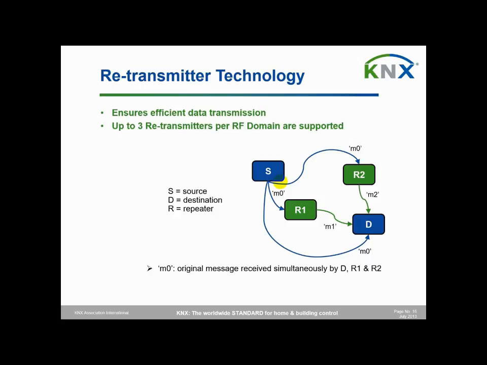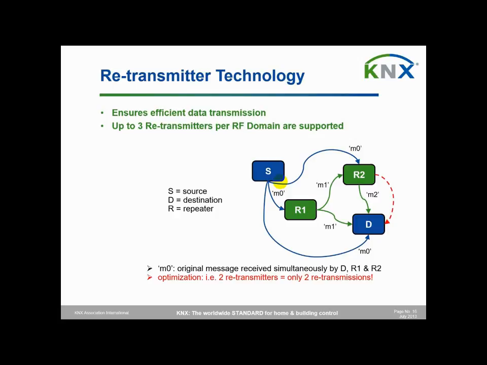But it is an optimized technology, because what could happen is that M1, the repetition sent out by R1, is also picked up by R2 and again repeated. That could of course happen. However, the optimization is to avoid this. So this red dashed arrow, that message will never be sent.